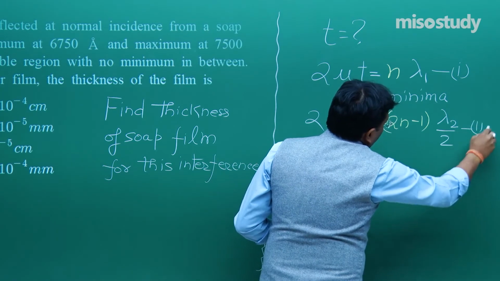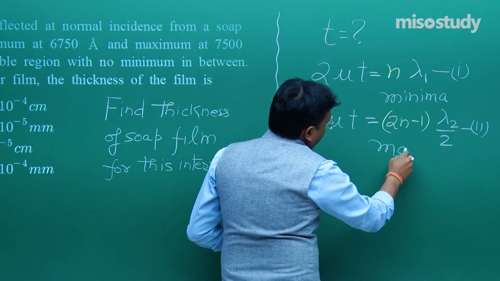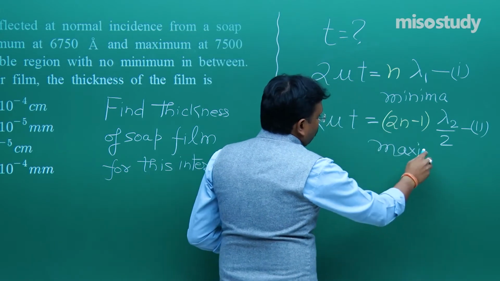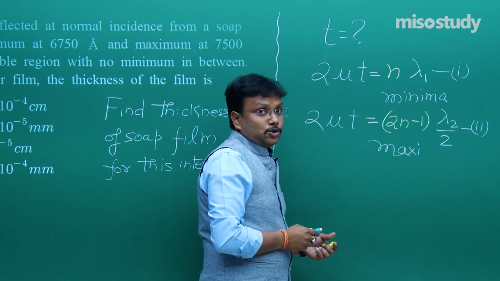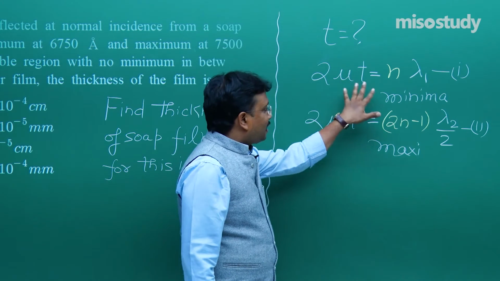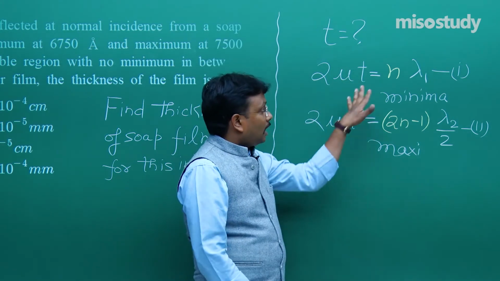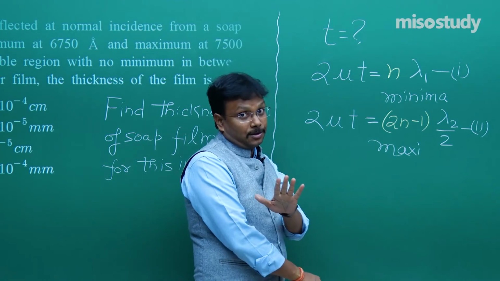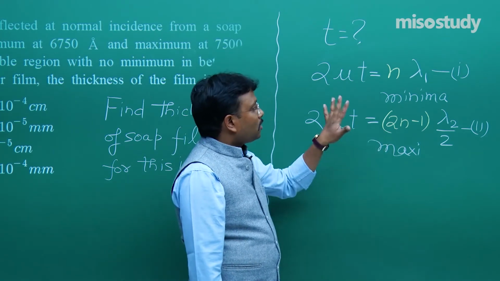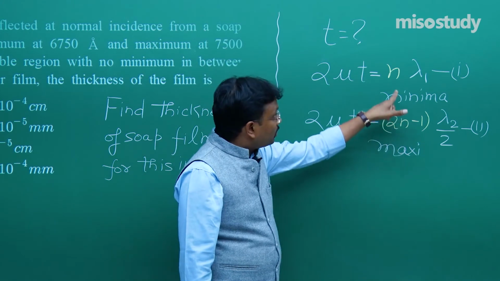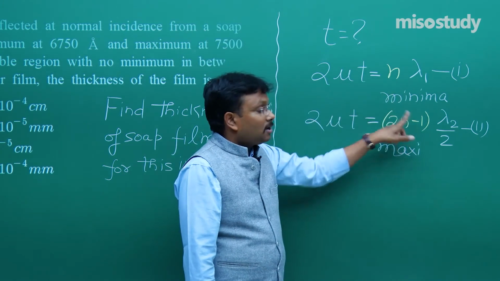Equation number 2, it is for maxima. So, first thing, students, my request to all of you, practice these simple formulae. That is of utmost importance, because if you are not comfortable with these formulae, and what I mentioned with yellow color is really important.